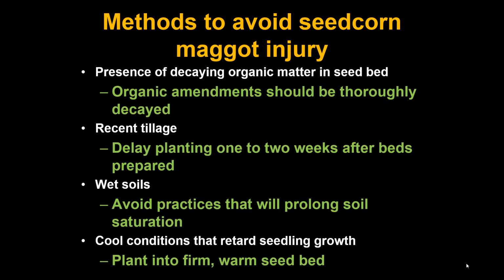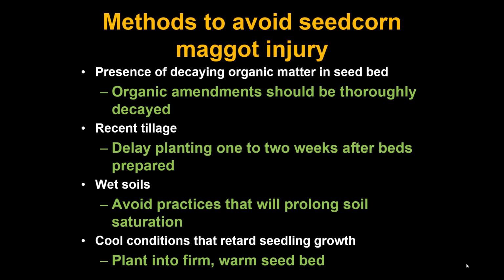So how do you avoid it? Take those into account and just avoid those practices. So if you're going to use organic matter, it should be thoroughly decayed, incorporated in the fall rather than in spring. If you're going to till in the spring, wait 10, 12, 14 days or so before you then plant, because recent tillage does make it more attractive to oviposition.